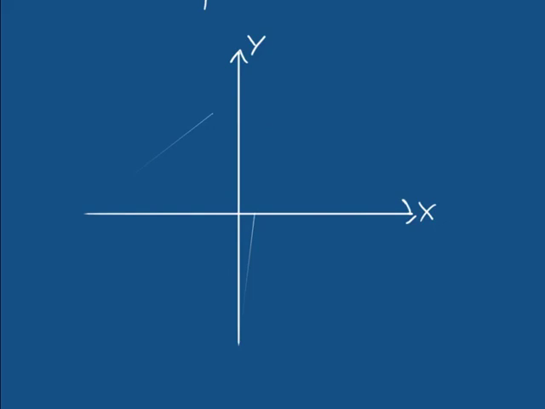For example, if we were travelling 20 miles an hour in the direction of x, then we'd know that we'd be travelling 20 miles an hour in x, and nothing in y. So we'd have a vector that could look something like this. If this was our vector and it was 20 units long, we know that we'd be travelling 20 in x and nothing in y.